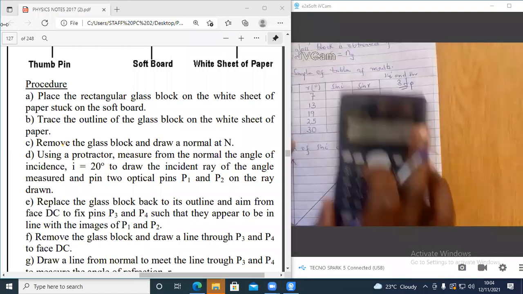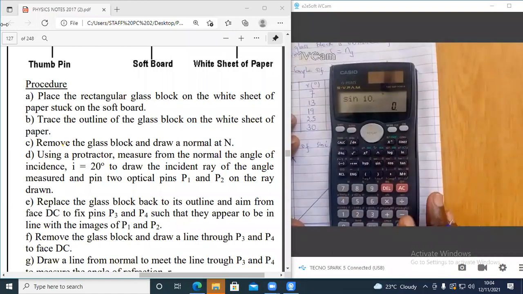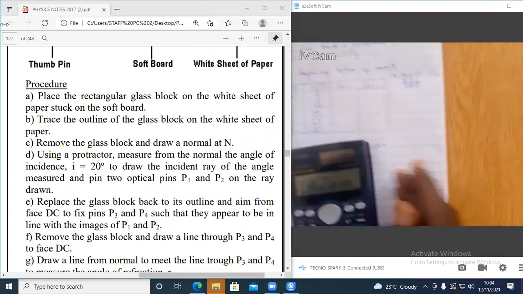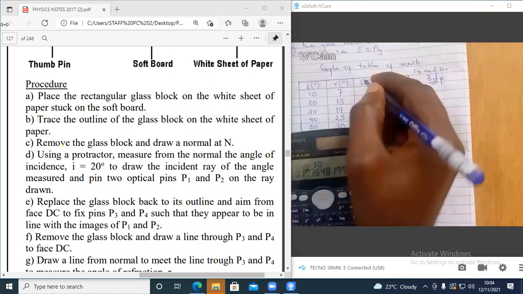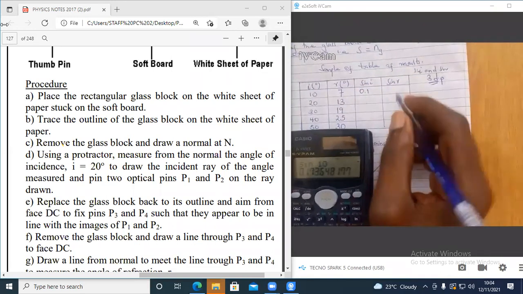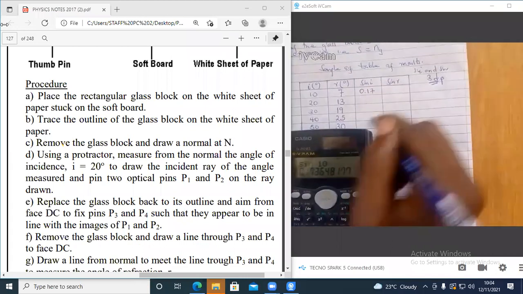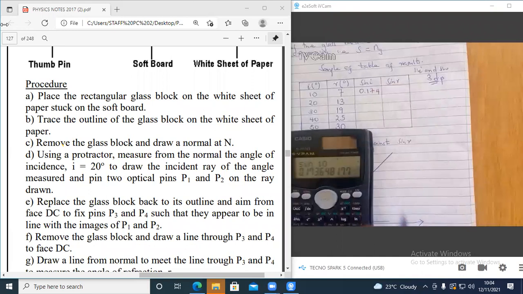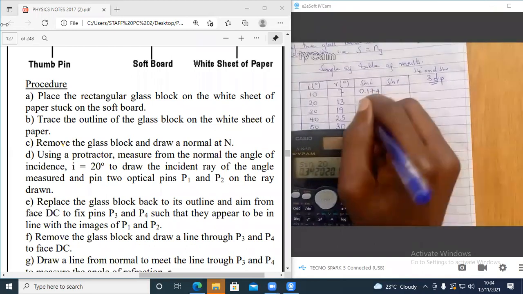So sine of 10, what do we get? We shall get 0.174 when you round off. What about sine of 20? Sine of 20 you get 0.3.